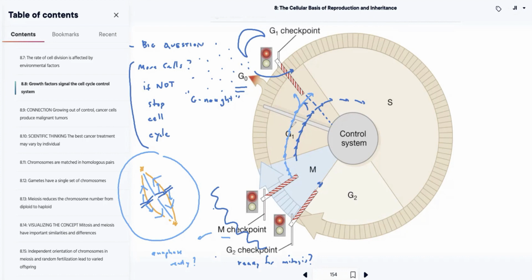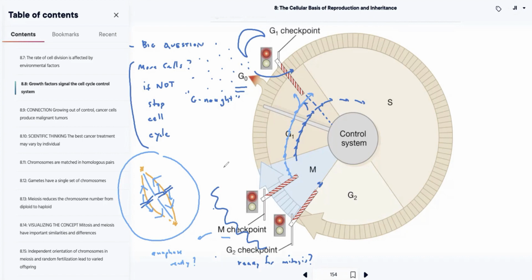And so what I'm giving you is what we call a model for this control, and there's a lot of empirical support to say that this is approximately how we have normal regulation of the cell cycle. This is what cells normally do.